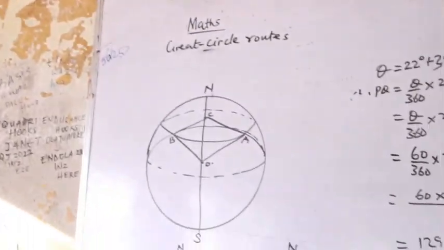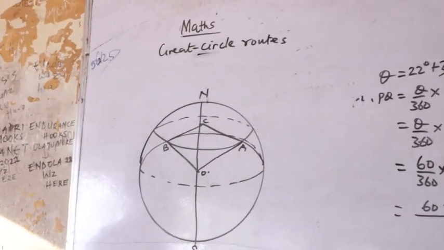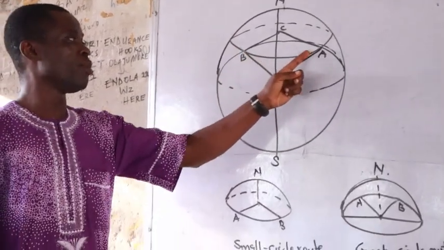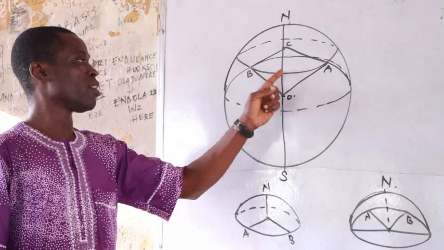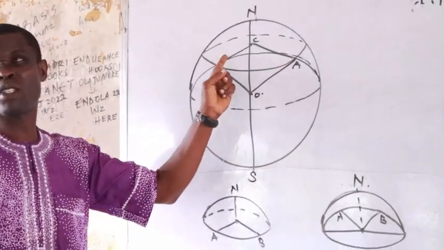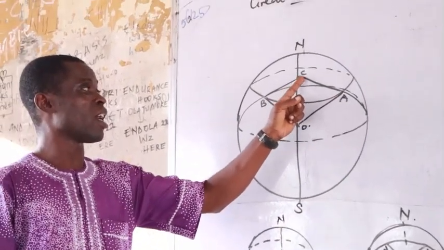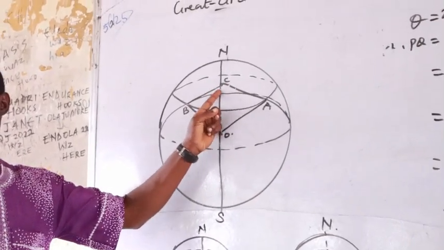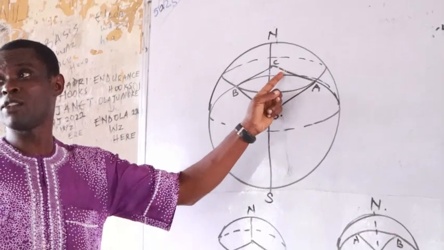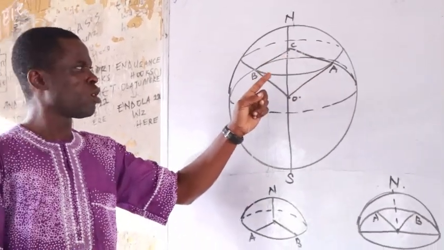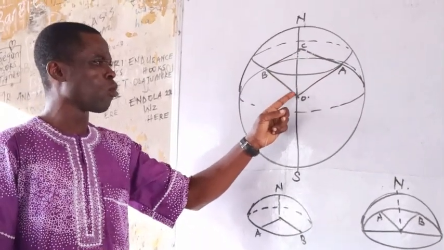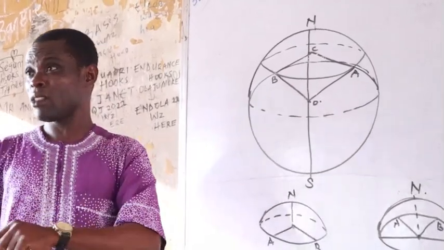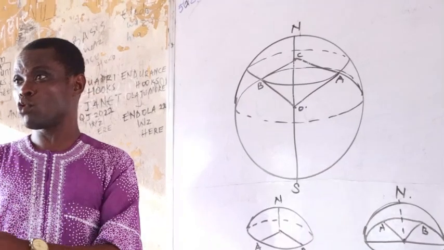Now look at the diagram that we have here. When you have A, look at this BA or AB. This is the distance along the parallel of latitude by using this angle C, which is the angular difference. Are you with me now? But the moment you now use this angle O as theta, that is the shortest distance, and that is the great circle route.